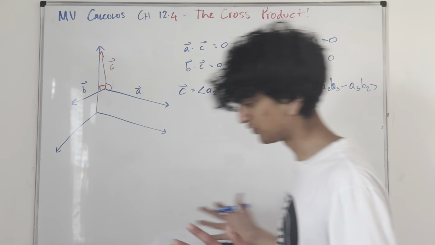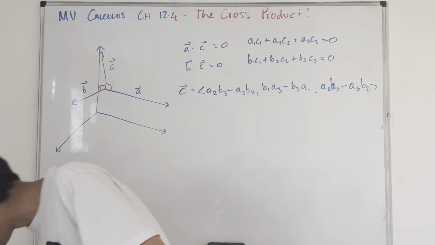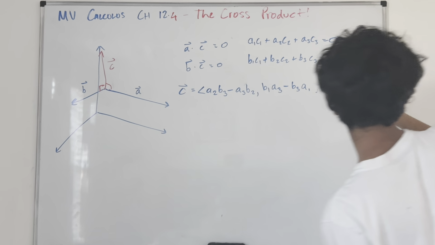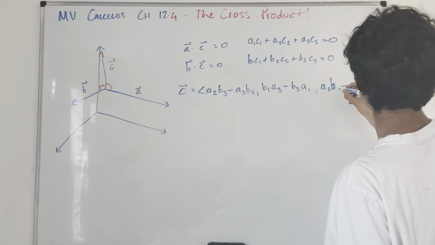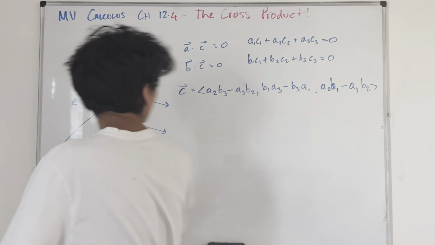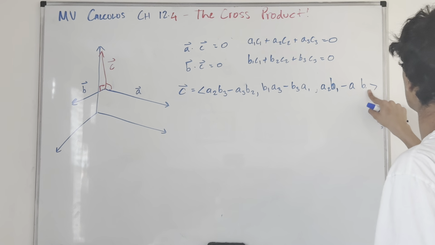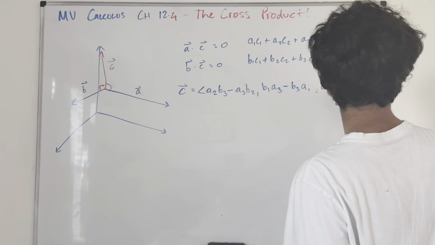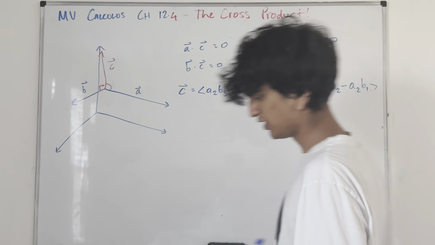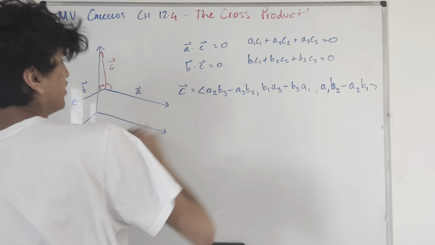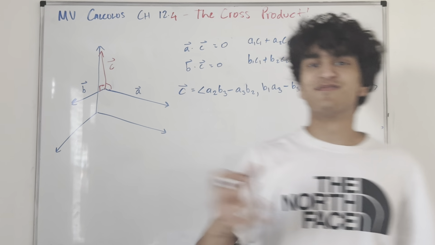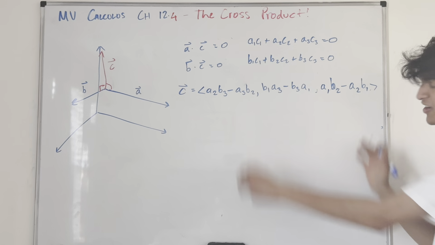Let me just check the book, just make sure that's right. That's definitely not right. What am I doing? Okay, it's supposed to be like this. Is that right though? Yup, that looks right. Okay, point is, if you solve the system, you'll get this vector.